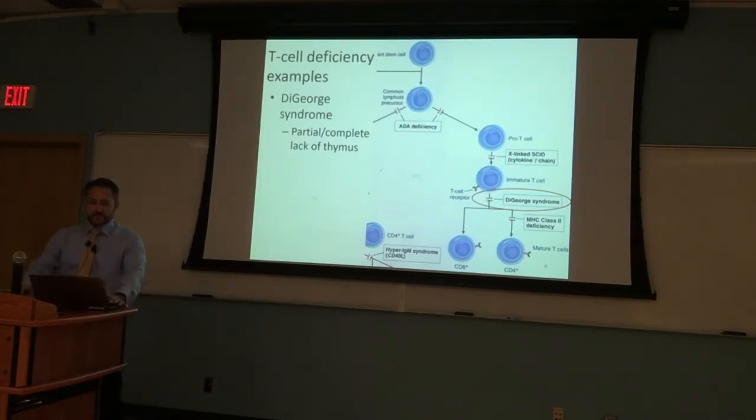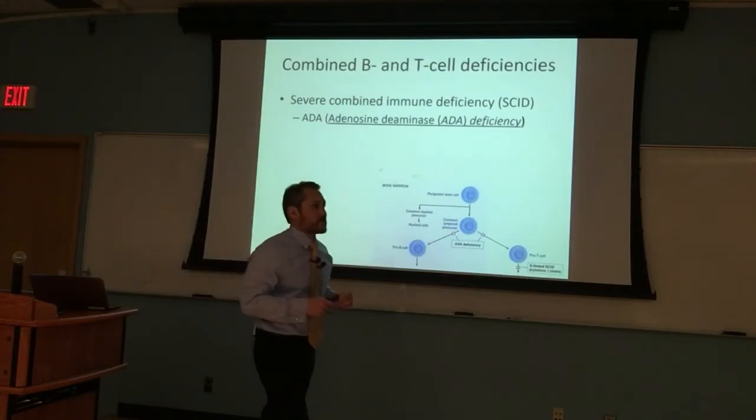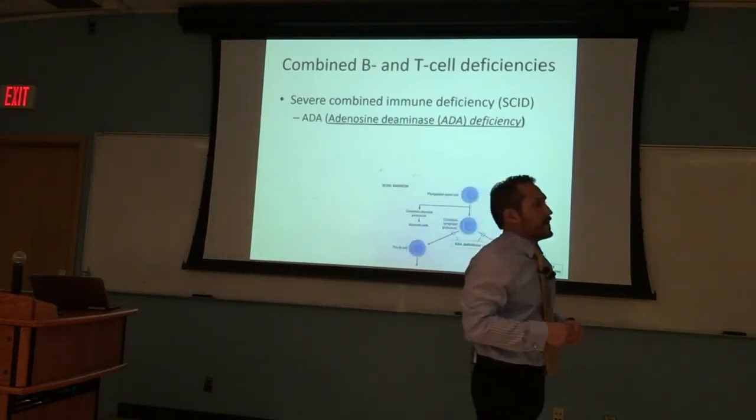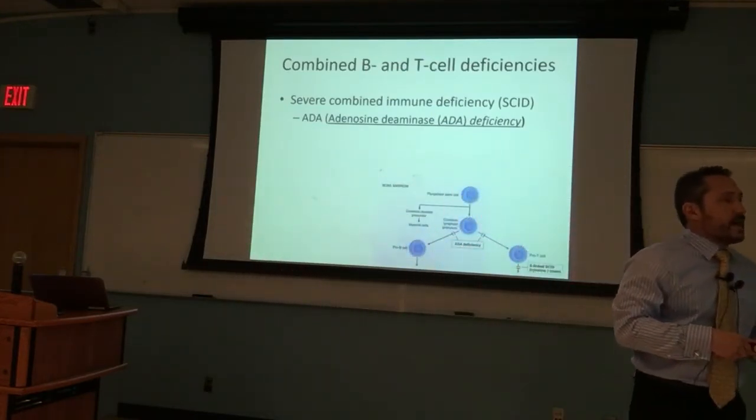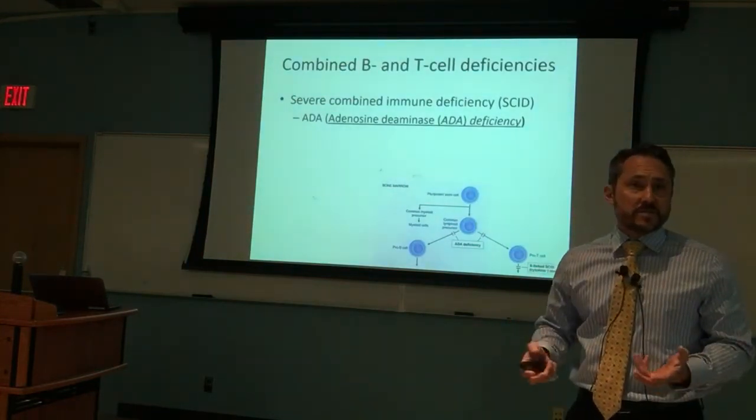Okay, and then the last one that I want to introduce as an example, so we had some B-cell examples, we had one T-cell example, and now I'm going to show you the most severe. The most severe is what's called an ADA deficiency, so adenosine deaminase deficiency. We refer to this as what's known as severe combined immunodeficiency, or SCID.